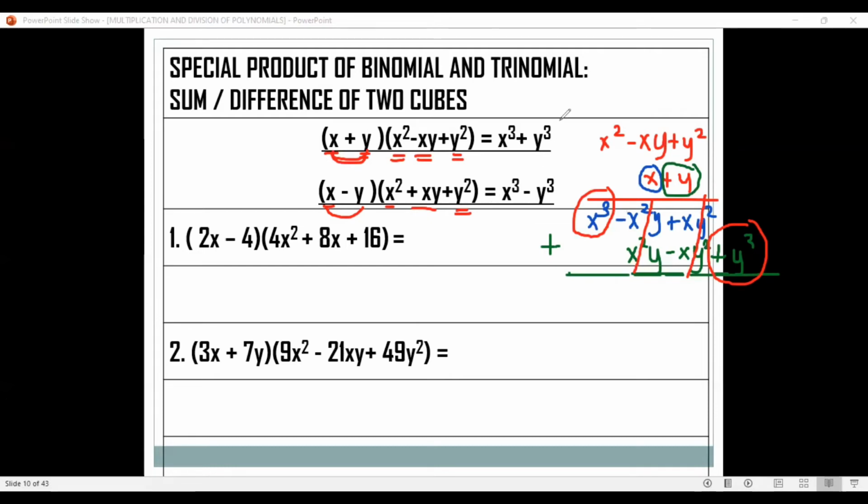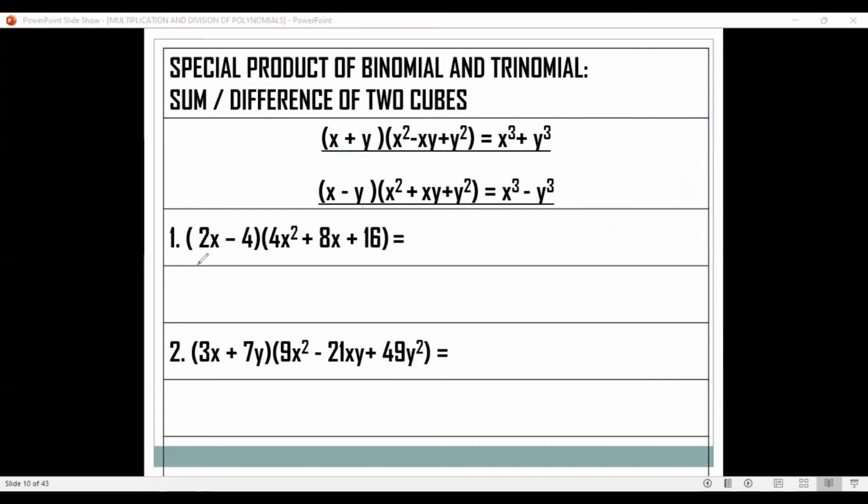So how do we apply that? If you have a certain problem which is similar to this, you have the quantity 2x minus 4 multiplied by the quantity 4x squared plus 8x plus 16. Let's investigate first. The first term here is 2x. Is the first term in your trinomial the square of your first term?